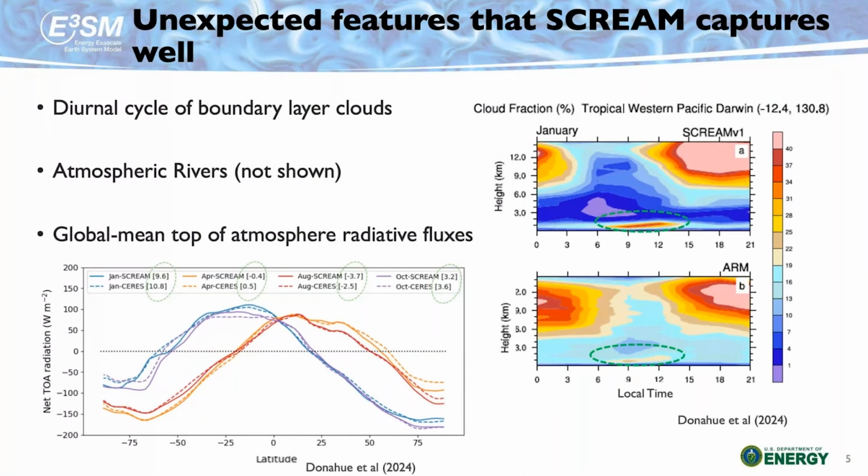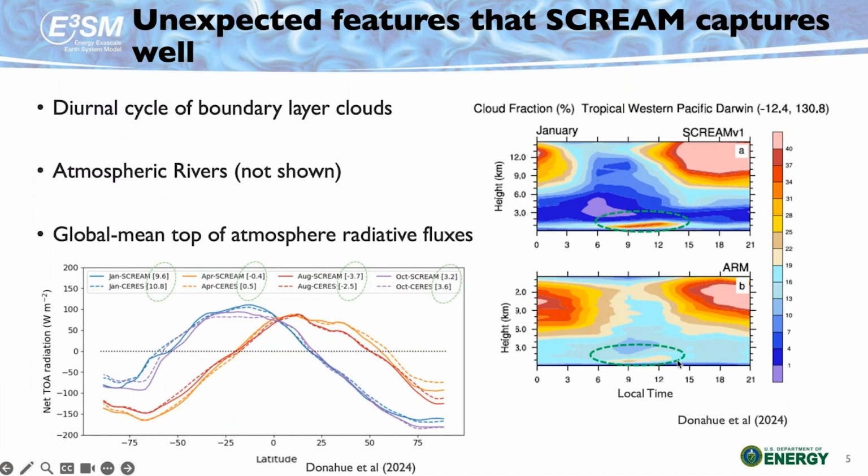And so what we're looking at here is the ARM site over the tropical Western Pacific, over Darwin. And we're again looking at the composite diurnal cycle of, this time, the cloud fraction, so the high resolution cloud fraction. The top is SCREAM V1 and the bottom is ARM.